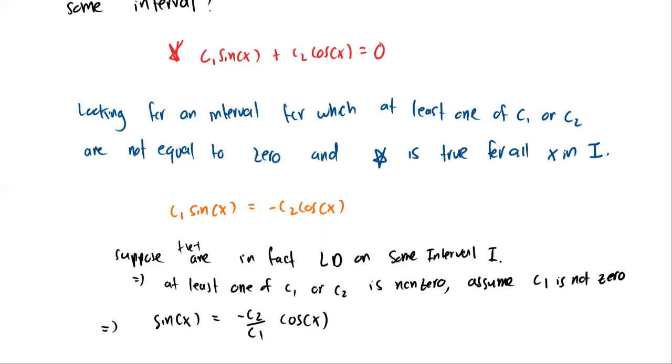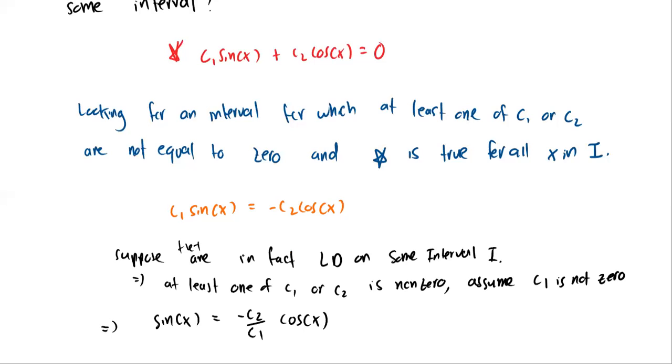Now, is it possible for sine x to be equal to a constant times cosine x for all x in some interval? It's definitely possible for specific x's, but not for a whole interval. Why do I know this? Well, you can look at the graphs.